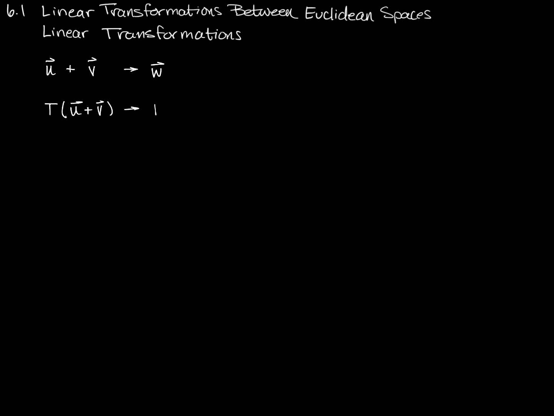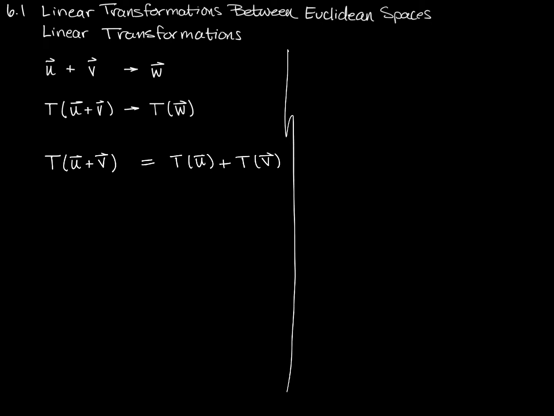That's going to give me the transformation of some new vector w. In particular, what has to happen for this to be considered a linear transformation is that when I add the vectors together and then perform the transformation, I get the same thing as if I had transformed the vectors independently and then added the results together. Let me show you an example.